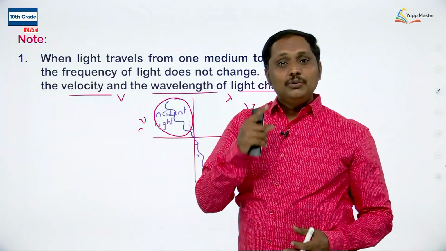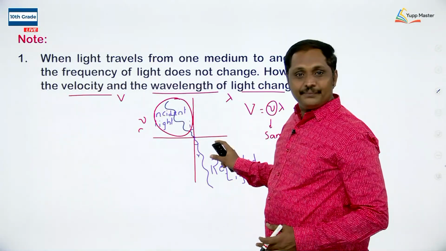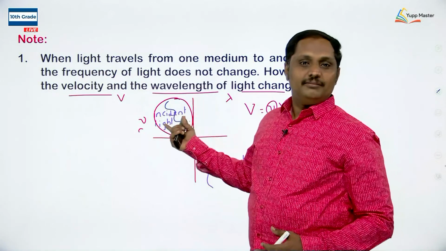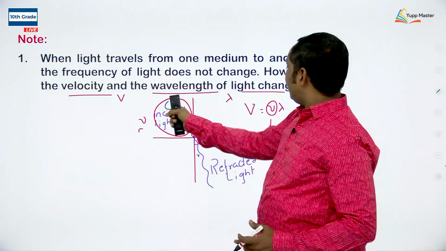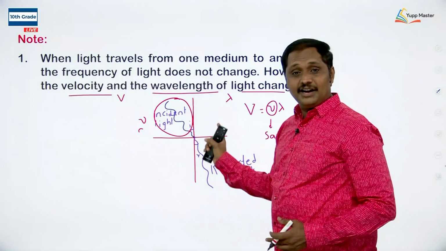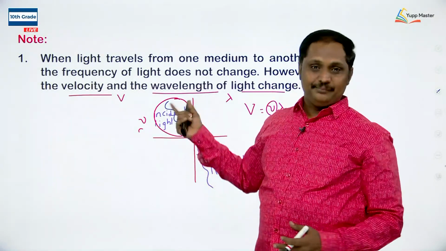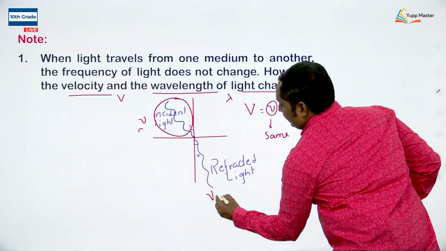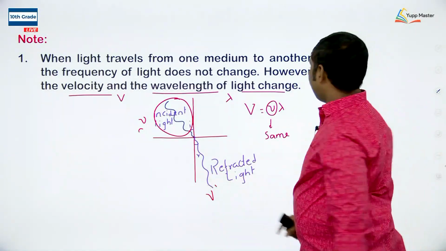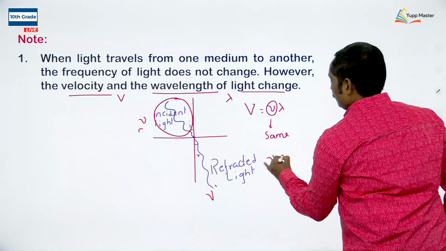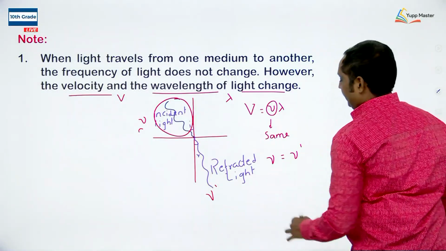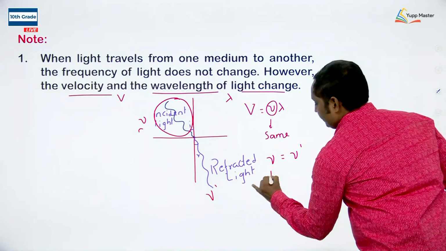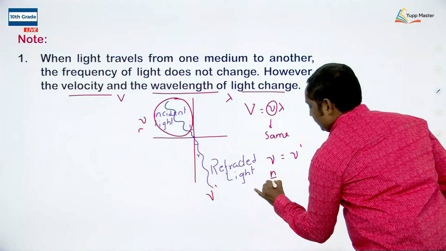Now, if you look at the frequency, the number of cycles made per 1 second in the case of the incident light ray and the refracted light ray is the same. So, nu is going to be the same as nu dash. Let us assume nu is equal to nu dash, that is, the number of cycles made per second, n by t.